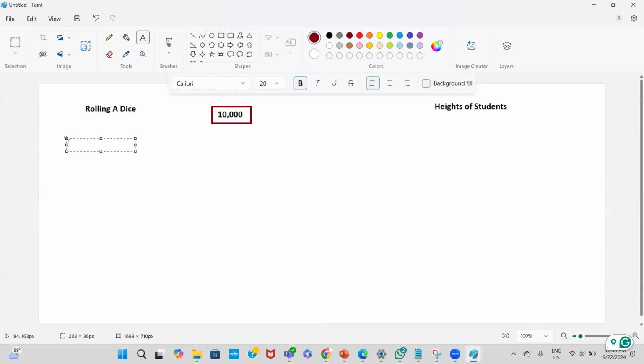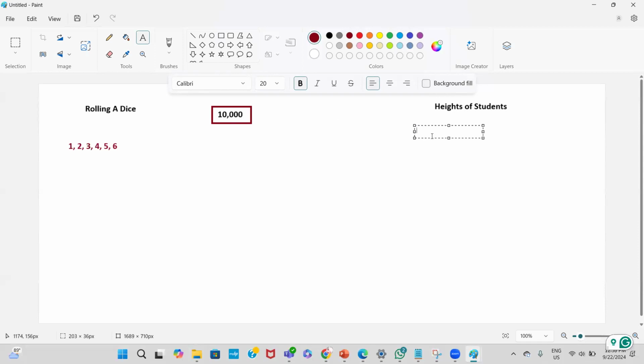And what are the finite values of rolling a dice? 1, 2, 3, 4, 5, and 6. You will be getting values from the finite set, right? And what if I'm taking the samples of 10,000 students' heights?